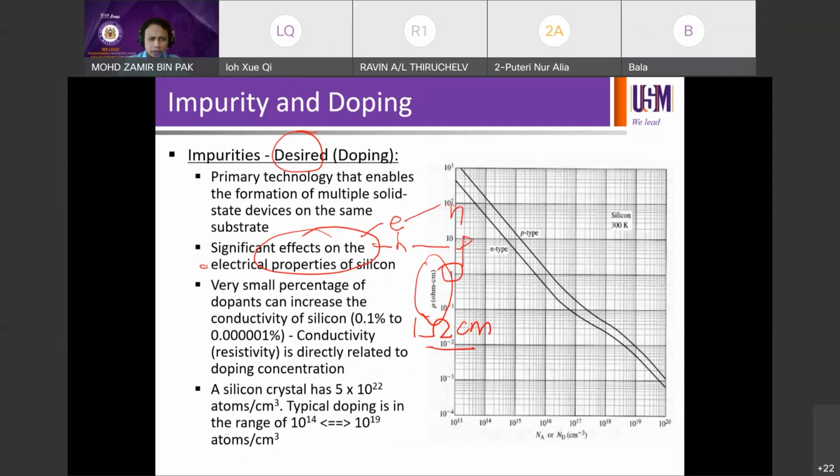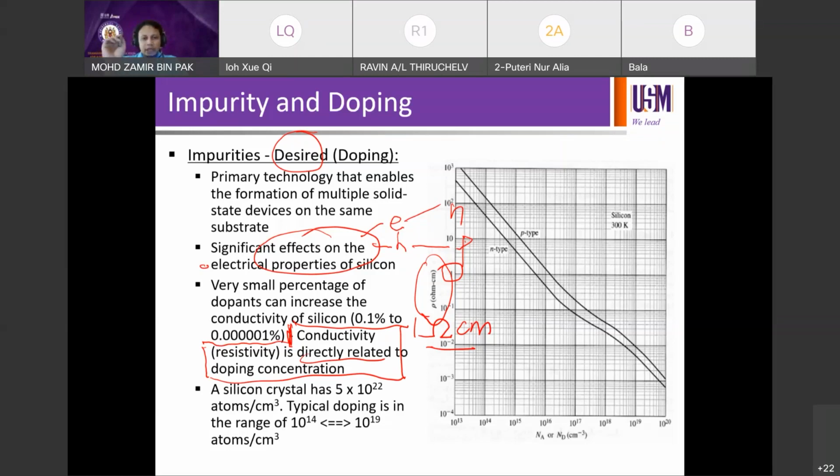So in that case, it alters the electrical properties of the silicon. A very small percentage of dopants can increase the conductivity of silicon, for example, from 0.1% to 0.00001%. Conductivity, or the inverse of resistivity, is directly related to doping concentration. At this point, we learned in our first class that conductivity is the inverse of resistivity, and now we know that it is related to the doping concentration as well. Okay, so let's have a look.